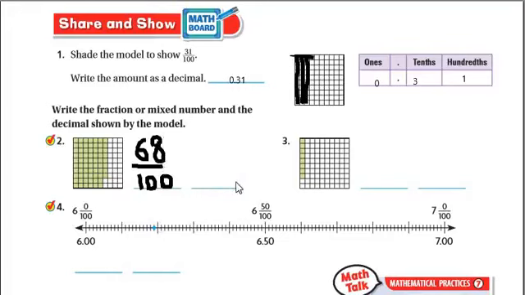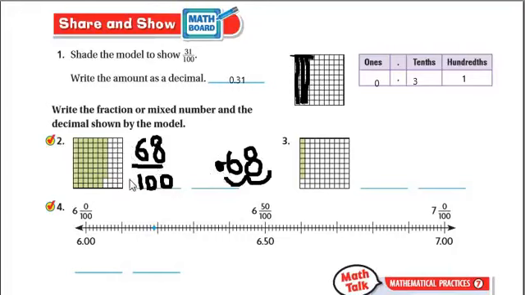Let's write it in the decimal form. So my numerator, I write it as 68. Where I'll put my decimal point, I'll move from right to left 2 places. This is 1, 2, okay, like this. Then I'll place my decimal point.